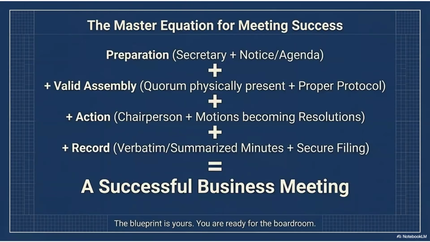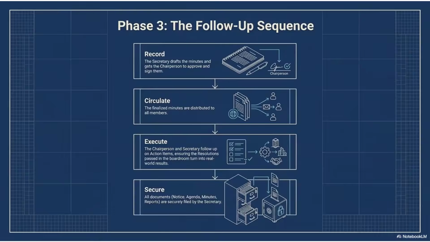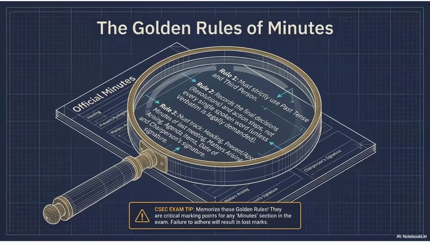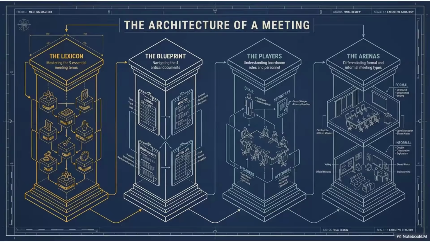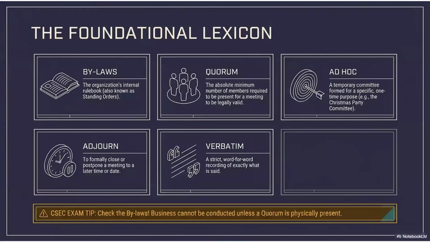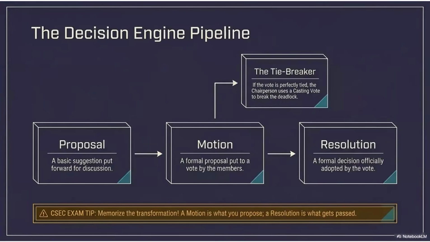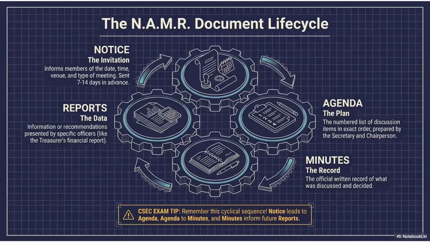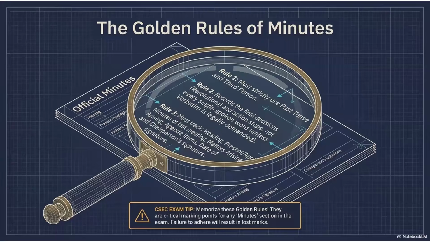Okay? I want you to make sure you learn all the terms and things that we used today: the bylaws, forum, ad hoc, adjourn, proposal, motion, resolution, the different names for the different documents, notice, agenda, minutes, report.